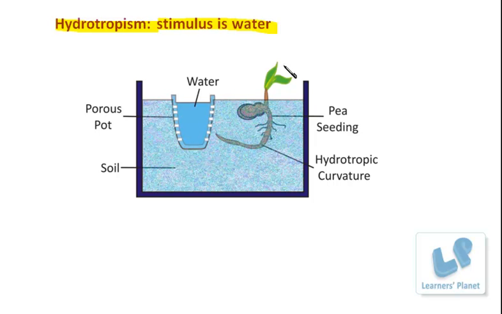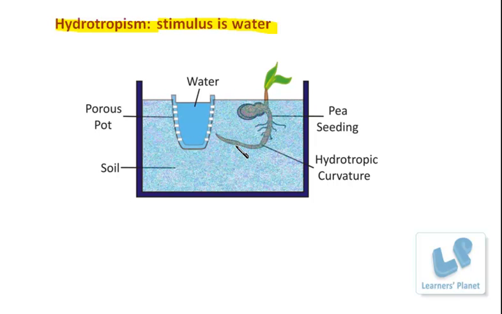Now as we compare the direction of this growth movement of the root part and the shoot part, after some time you will see here that the root will grow more towards the region where more water is available. So what does it suggest?